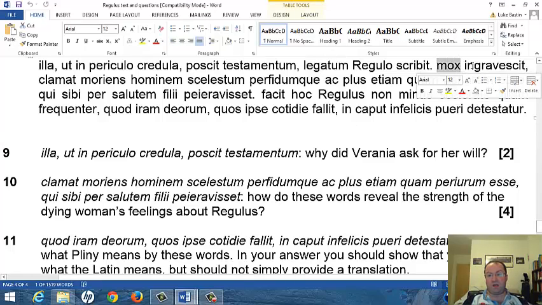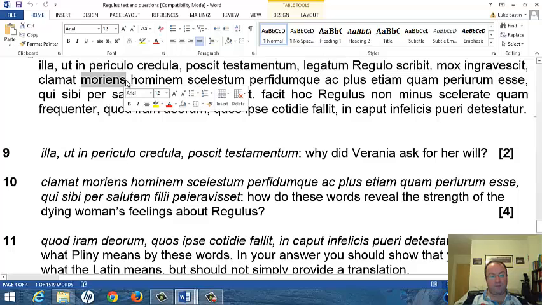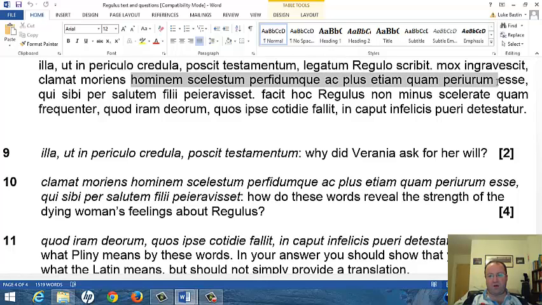Okay. Mox, soon ingravescit, she deteriorates, she becomes worse. Clamat, she shouts. Dying. And then this next bit is reasonably tricky because it's a rather long indirect statement. So she shouts, dying, that hominem scelestum perfidumque esse.